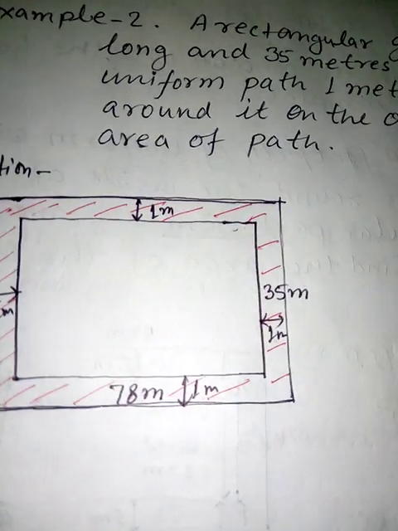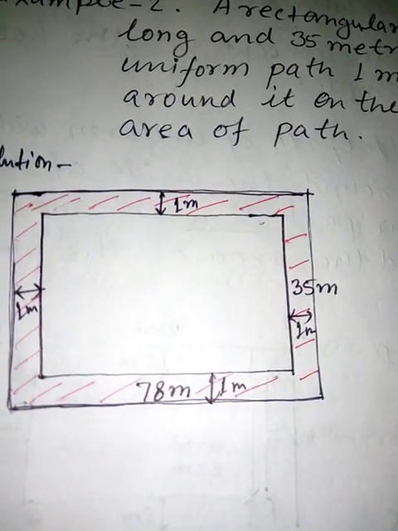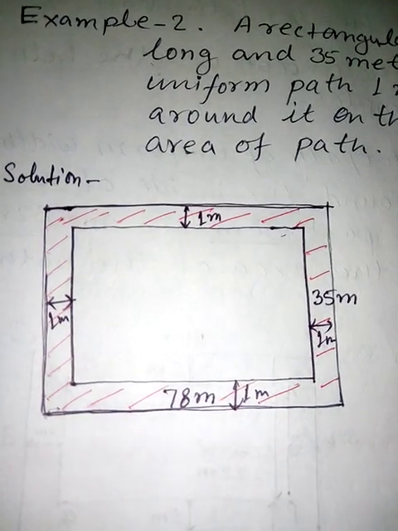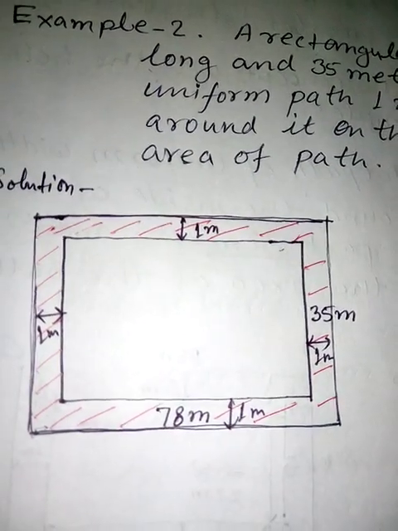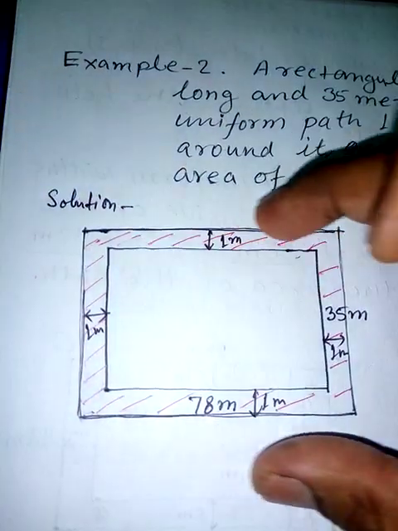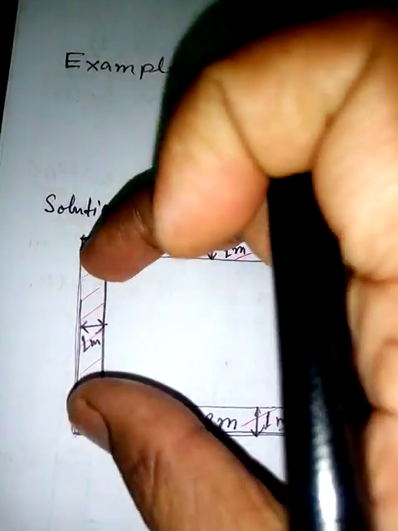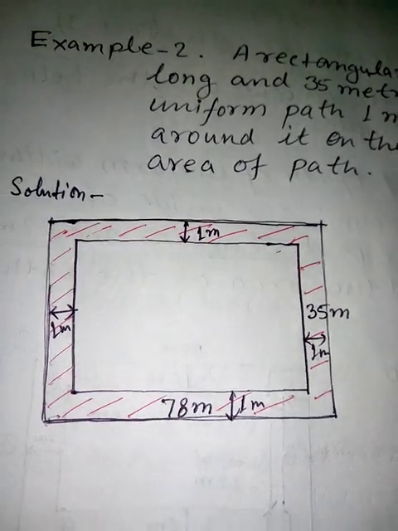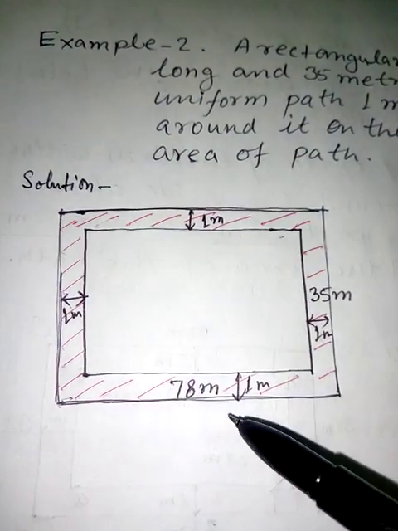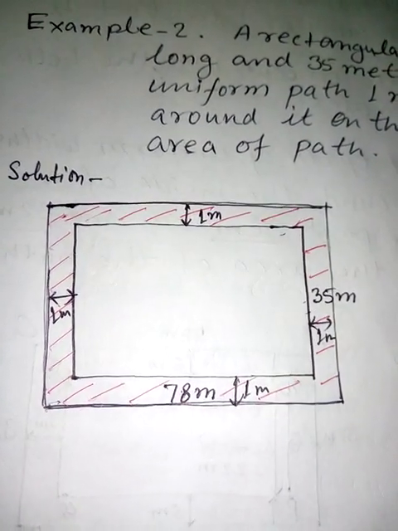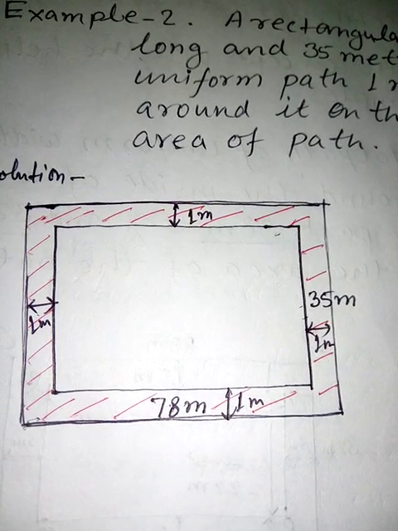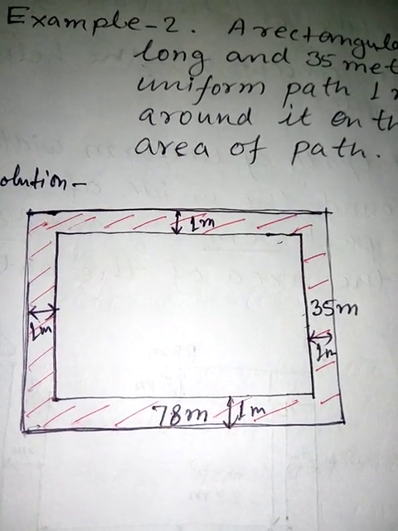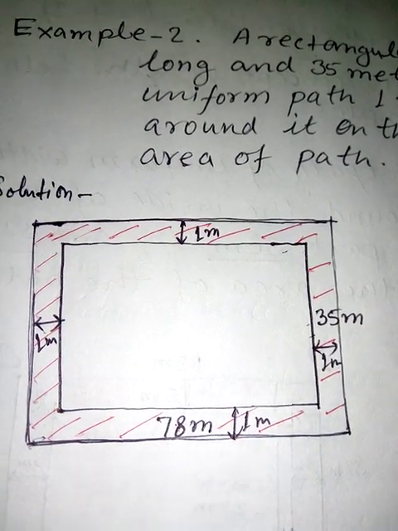Okay, now the process is same, that we have to find out the area of the bigger rectangle and then the smaller rectangle and subtract. But here it is given the length and breadth of the inner rectangle, so we have to find out the length and breadth of the outer rectangle.